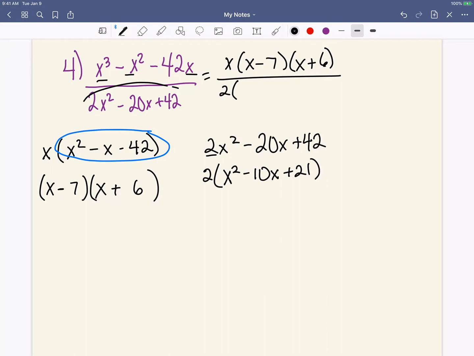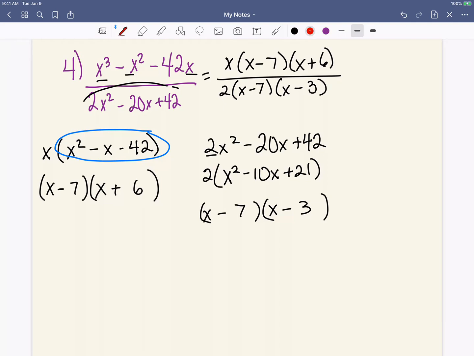Okay. And now I can do the shortcut if I want to do the shortcut here, which I just might. So 21, there's only 1 times 21 and 7 times 3. So I know that 7 is going to be first, it doesn't matter, both of these are negatives. So this is x minus 7 and x minus 3.